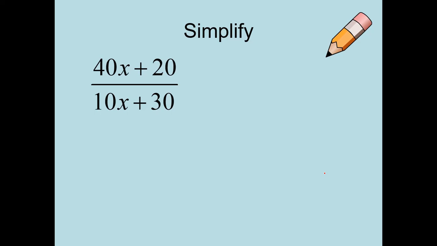So let's do some simplification. Now you're going to be like, oh, Marsh, look, this 40 over this 10, that's like 4 over 1, right? That would not be working because you need to simplify everybody. So factor always first. So I'm going to factor the top. It looks like a 20 is a common term. 2x plus 1, right?